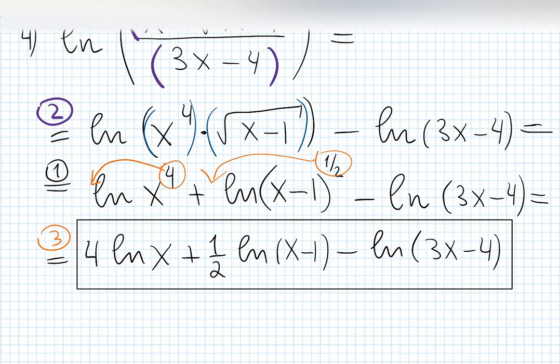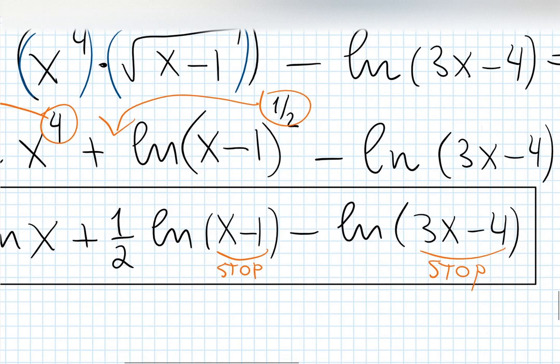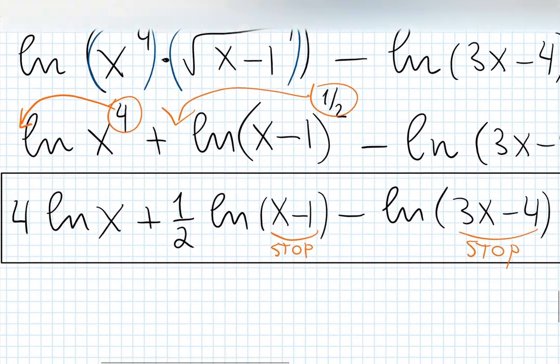How do we know that we stopped? You see, I never touched this. Stop here and stop here, because there's no formula for the log of a difference or the log of a sum. Remember, log takes product, quotient, and exponents and makes them simpler. It creates sum, difference, and the power goes down. Not the other way around. It doesn't work with differences and sums.